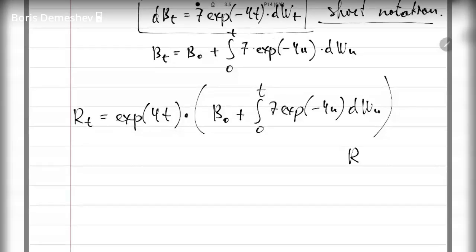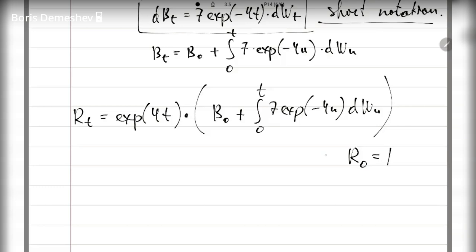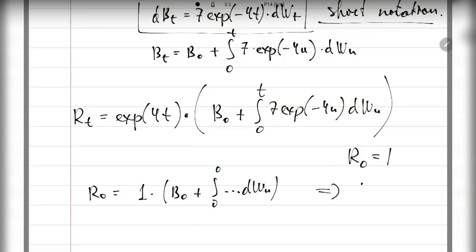And we have an initial condition. Initial condition was R0 is 1. So R0 is 1 times B0 plus integral from 0 to 0 of dWu. Hence, we see that B0 is also 1.